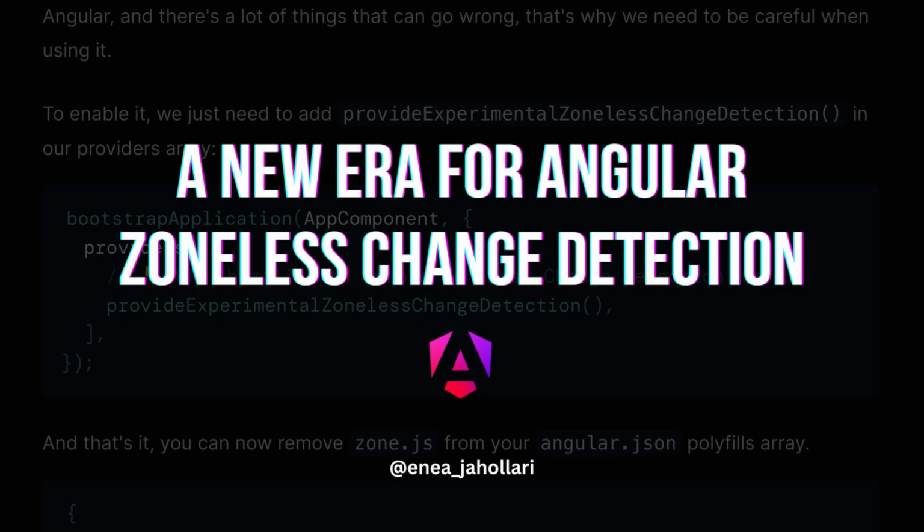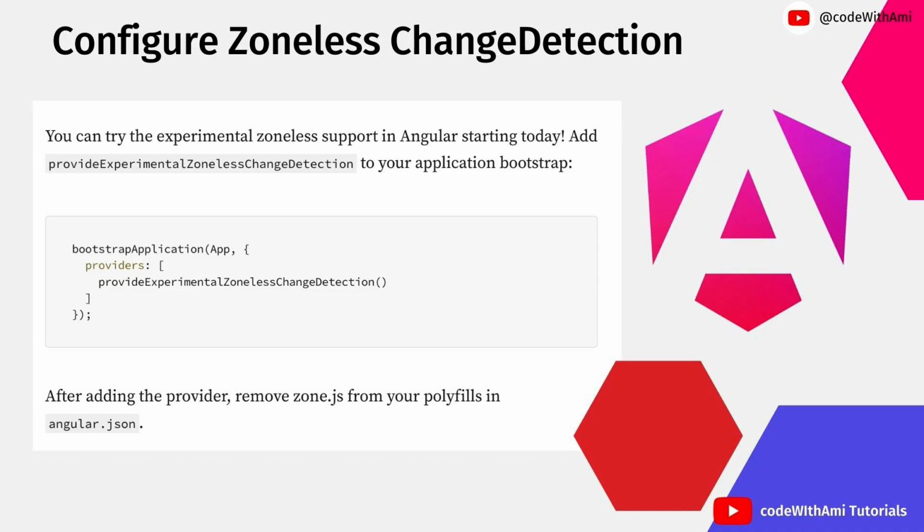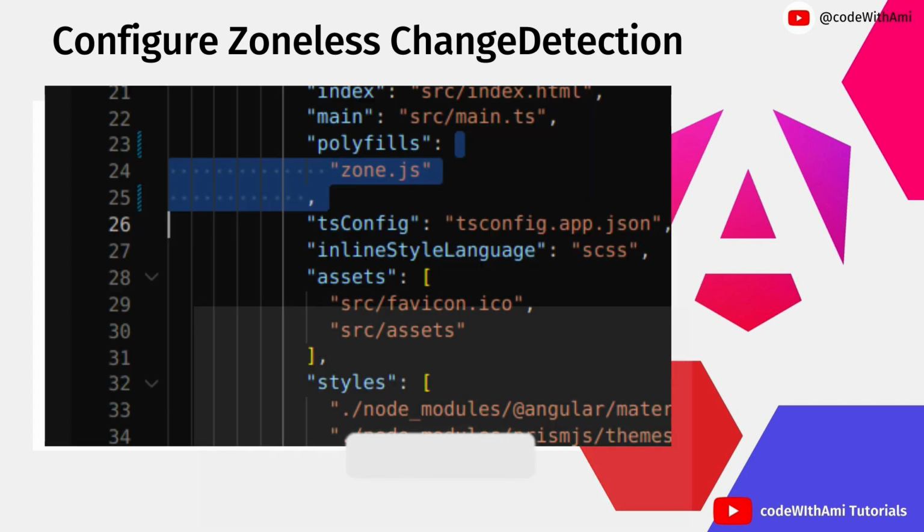And right now in Angular 18, they just introduced the developer experimental preview of zoneless change detection. To make it work, you just need to add the provideExperimentalZonelessChangeDetection method to your application bootstrap, and that's all. After adding the provider, remove Zone.js from your polyfills in angular.json.